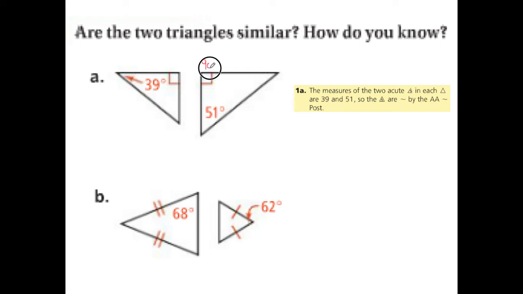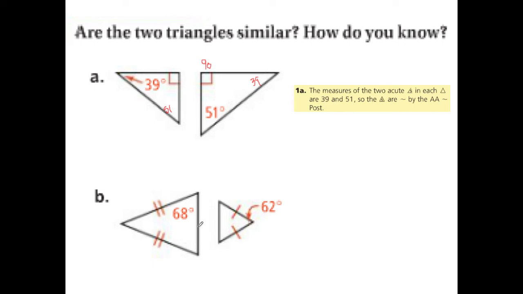If you did 180 minus 90 minus 51, you would have got 39 here. And then if you did 180 minus 90 minus 39, you would have got 51 here. Once you figured out 39 and the right angle, you could say they were similar.